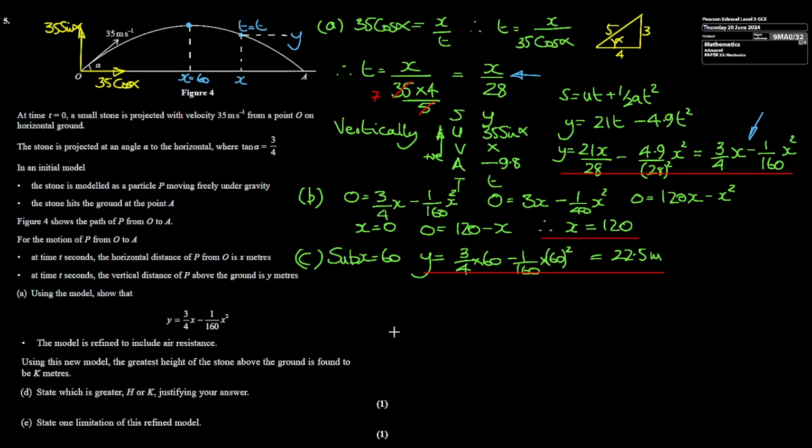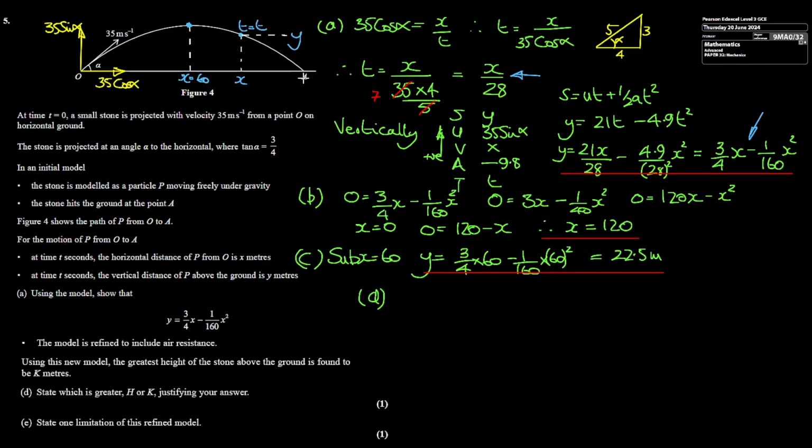So I've done a bit of rearrangement to allow me to have some space to answer question D. The model now is refined to include air resistance. Using the new model, the greatest height of the stone above the ground is found to be K metres. State which is greater, H or K, justifying your answer. Well, if there is air resistance, the particle is being slowed down the whole of its journey.